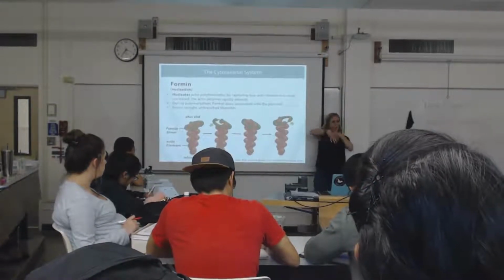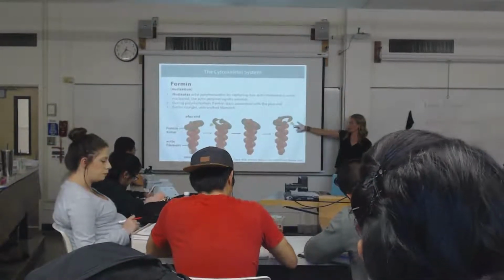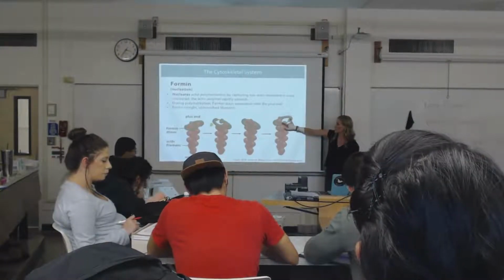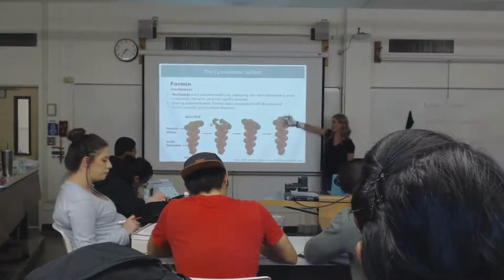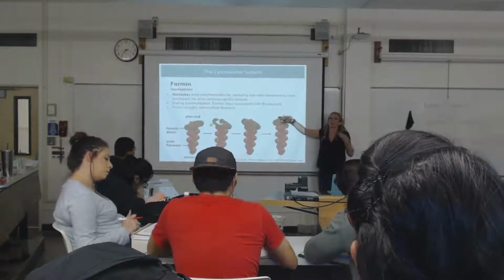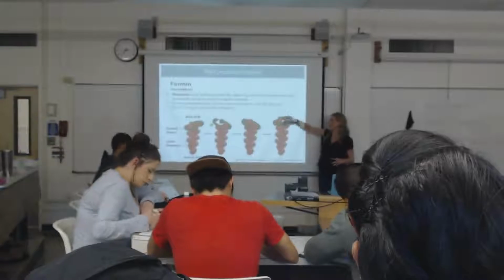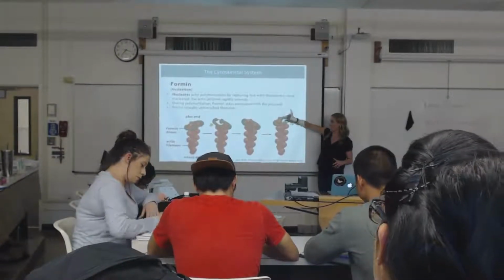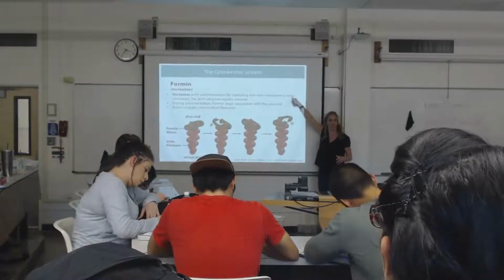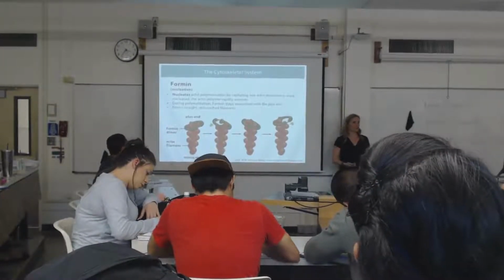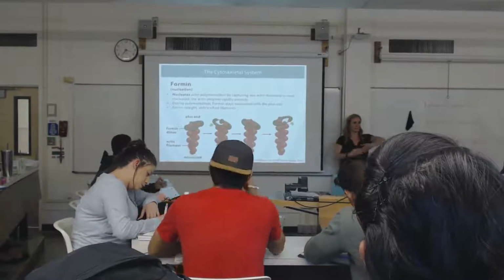What this image is trying to show is that formin stays associated with that plus end, the rapidly growing end, and keeps aiding in its rapid growth by helping to capture G-actin subunits to add to that growing end. It just keeps doing this pivot. And again, there's video footage of that, which is much better than me doing this weird thing up here.